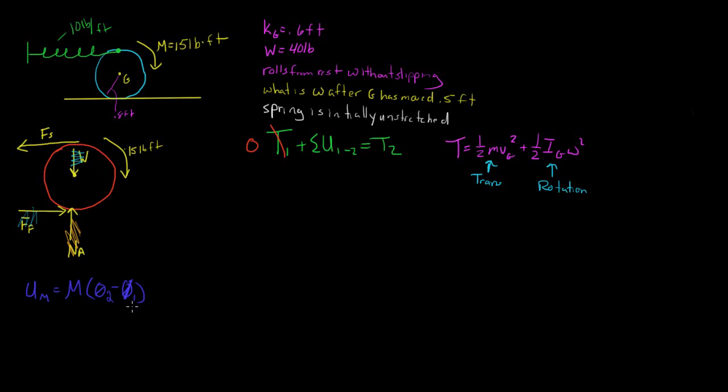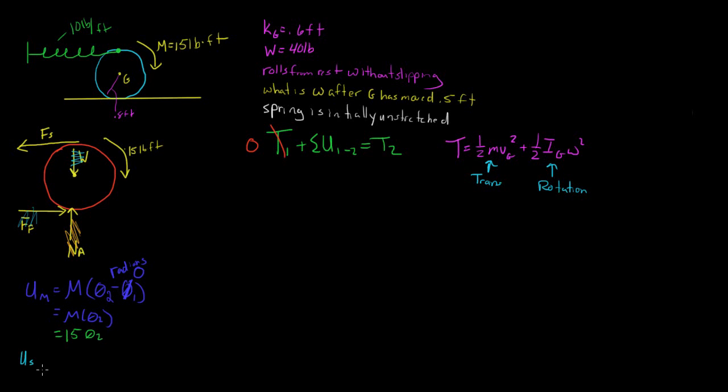And we're going to say it starts at an initial angle of 0, so it's just going to be equal to M times its theta 2. And it's important to note that these angles are in radians. So this is equal to 15 theta 2.